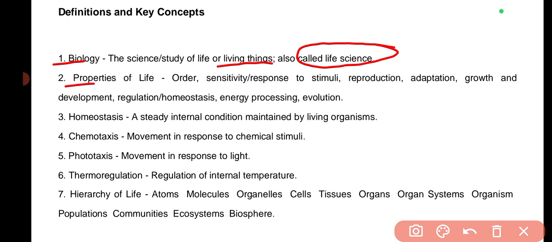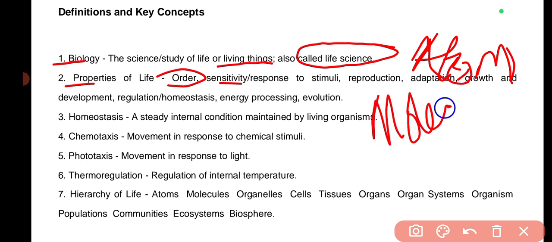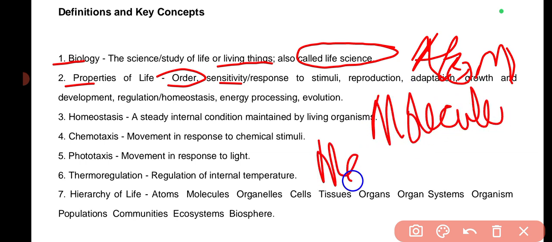And properties of life, we have order, sensitivity. Order refers to organization, which begins from the atom. Different atoms come together to form molecules, or similar atoms too could do that. Then several molecules come together to form macromolecules.